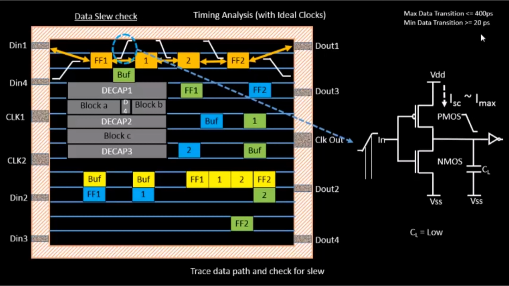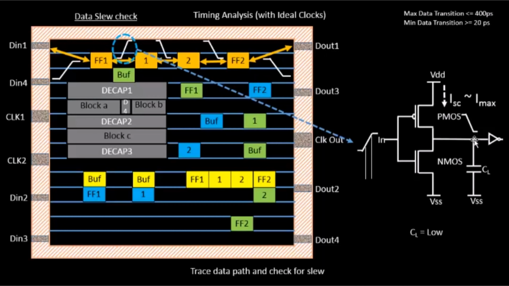If it is exactly 20 picosecond or somewhere in the range of 20 picosecond to 100 picosecond, there will be an amount of short circuit current which will be significant compared to if the output load capacitance lies somewhere where we see a transition value, let's say less than 400 picosecond and greater than 100 picosecond. So there will be an amount of short circuit current. This can't be completely avoided, but we can actually reduce it by optimizing the output load capacitance. There is a way to reduce it.